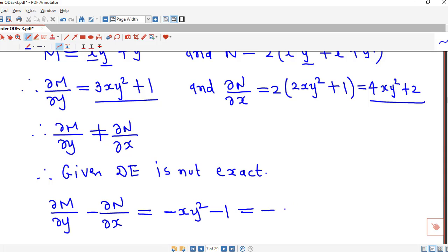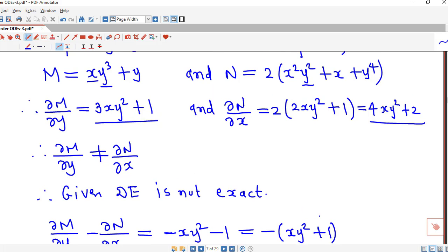We can rewrite this as negative of (xy square plus 1). Now if we consider division by N, if we divide this quantity by capital N, then we will have a mixture of x and y, that is, the resulting function will be a function of x and y.